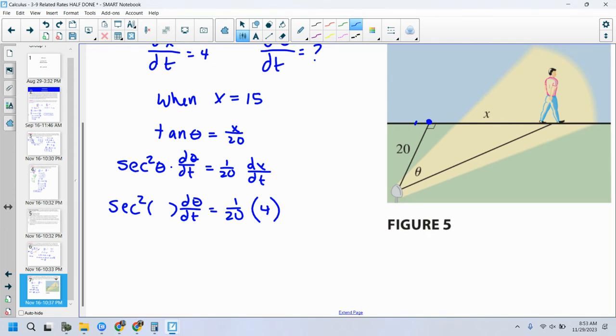Yes. Because is 20 changing at all? No. 20 is going to be constant. This is going to be at that 15. So what is theta in terms of that 15 and 20?